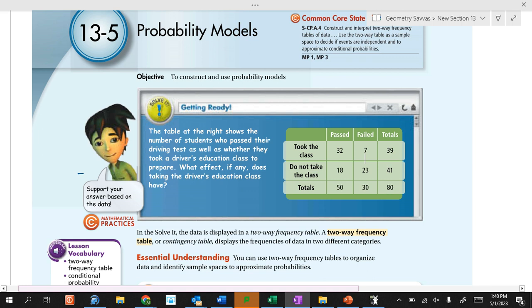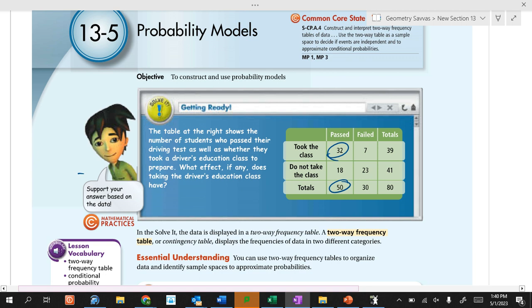So how many took driver's ed? The question is, out of all those that passed the driving test, how many took driver's ed? 32 of the 50. Okay? That's a different question than, out of all the people who took driver's ed, how many passed the driving test?